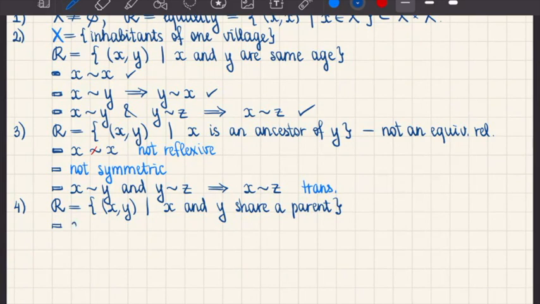You can notice that in this case, the relation is reflexive because you share a parent, in fact, both parents with yourself. It is symmetric. If you have a sister with whom you share a parent, then your sister also shares a parent with you. And let's see if it is transitive. In this situation, it is not necessarily transitive.